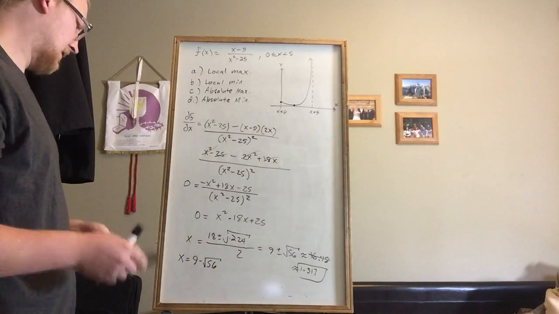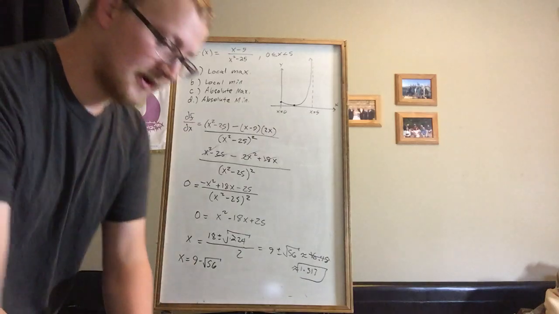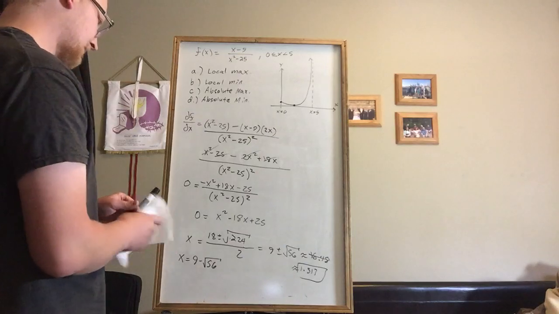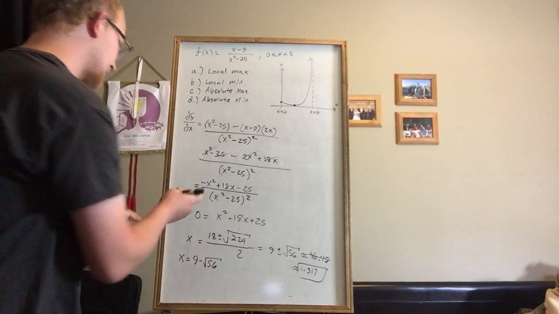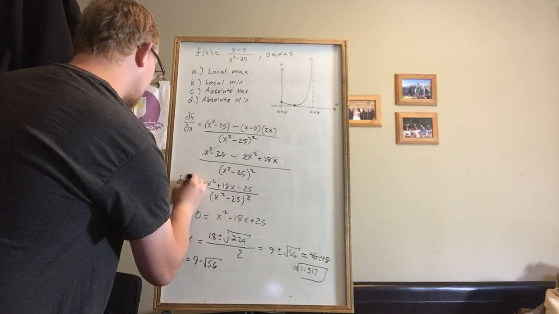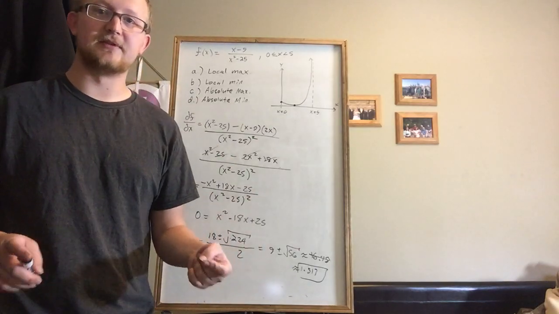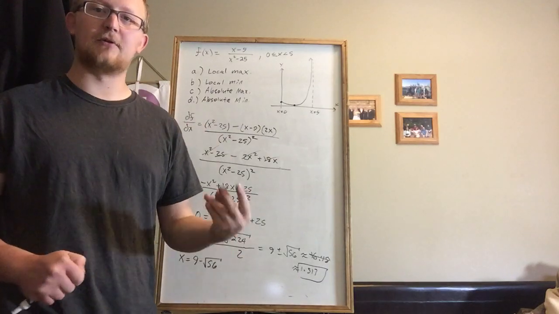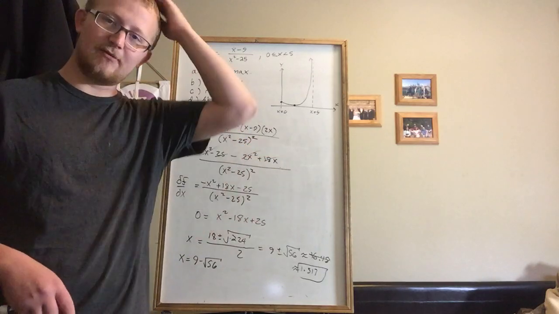Alright, so now that we're there, now we're going to take the second derivative. I'm going to go ahead and label this my df/dx. And the interesting thing about the second derivative is that it actually will tell you the concavity of the graph. So in other words, the first derivative tells you the slope at any given point.